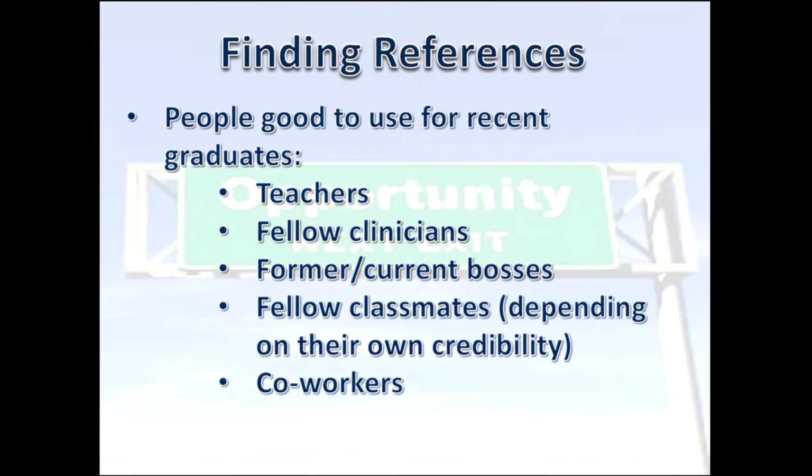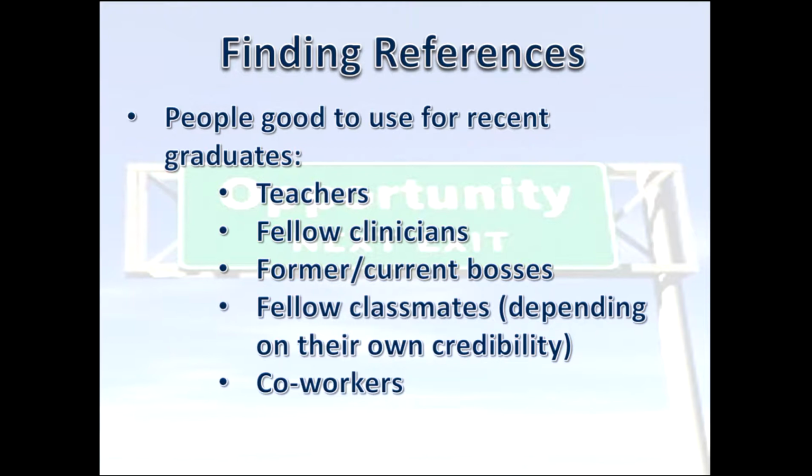Let's focus on the people who you can use. So flip to the next slide for me, please. A recent graduate, the people who are great to use are people who have been in contact with you very recently. Teachers are really great people to use. Program directors, any clinicians you may have met when you've been out on extern or when you shadowed or anything else.